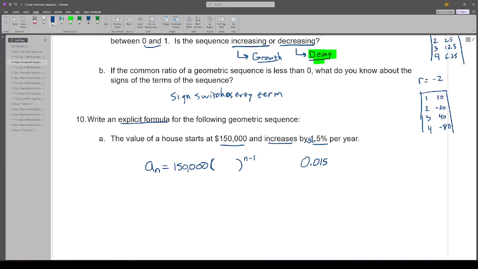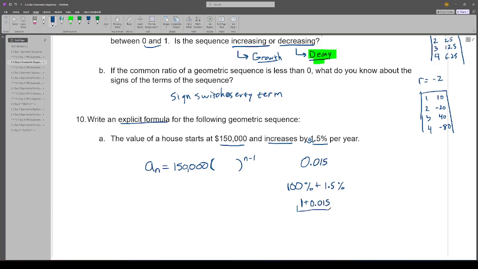It's very similar to how compound interest works, in that if we're increasing by 1.5%, that means we still have 100% of what we started with plus 1.5%. So that would mean 1 plus 0.015. And if you remember the formula for compound interest, it looks like this.